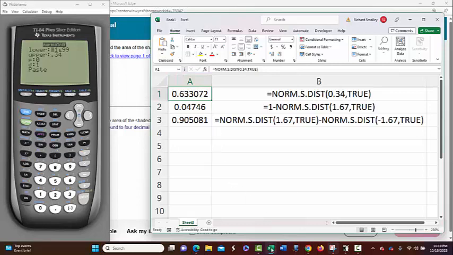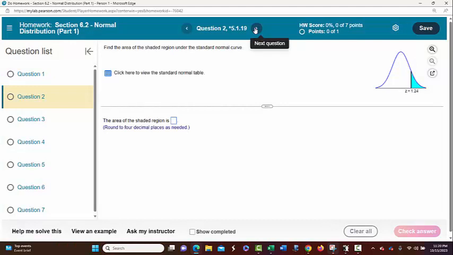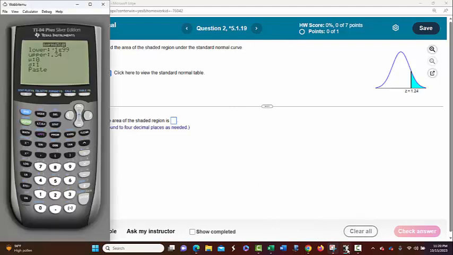So now let's look at the second one. And this is area to the right. Area to the right in the calculator, you have to do it as the number, 1.24. Basically the negative 1E99 represents negative infinity.